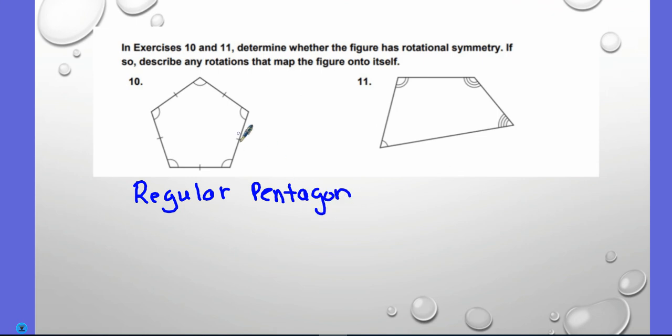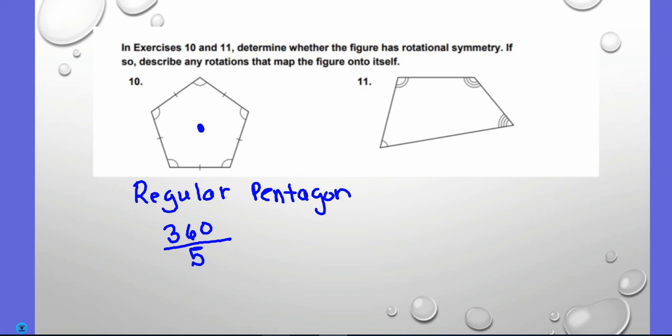Alright, so since this is a regular pentagon, in order to find out if this can be mapped onto itself, we just have to find out what the degrees of mapping it onto itself are. So if I was to hold this in the center, and since it's a regular polygon, I would take 360 and divide it by 5.